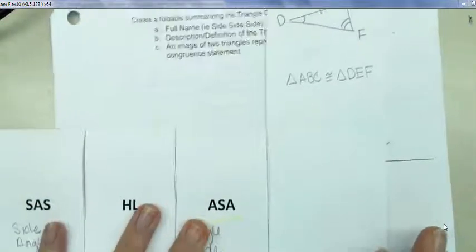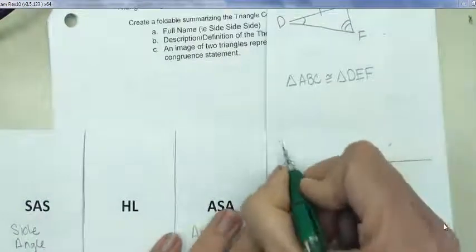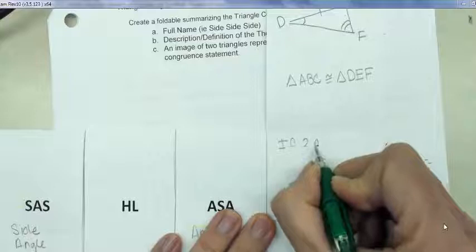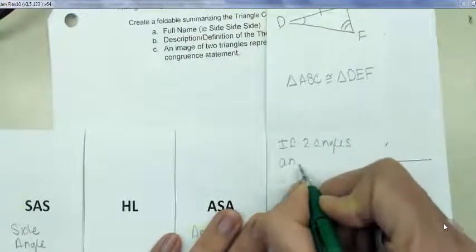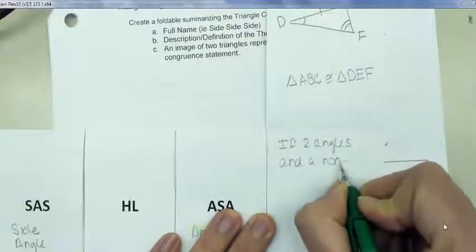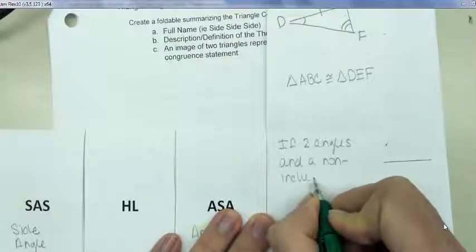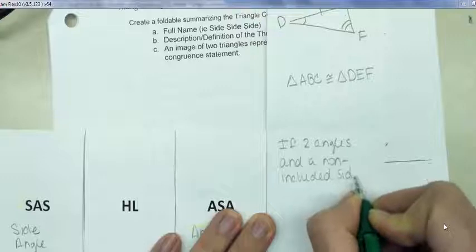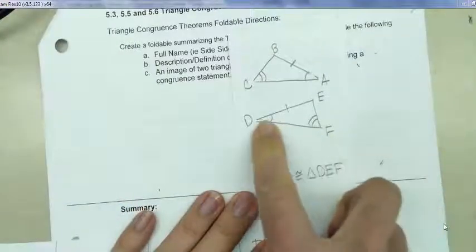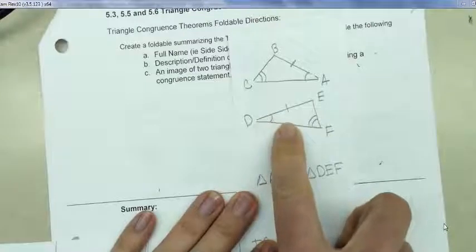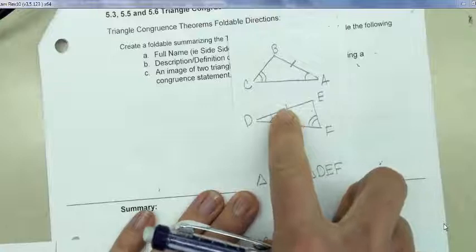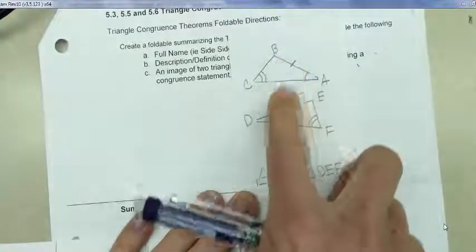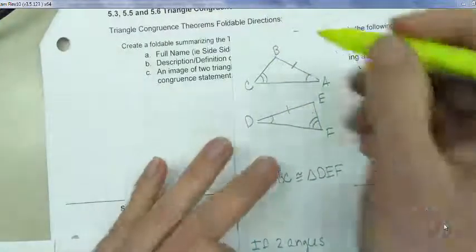And the description or the definition: if two angles and a non-included side. Okay, what do I mean by a non-included side? So see how these two angles are congruent? The side in between them would be included, right? The side not in between them is not included. So those are non-included sides. So I can highlight that too.